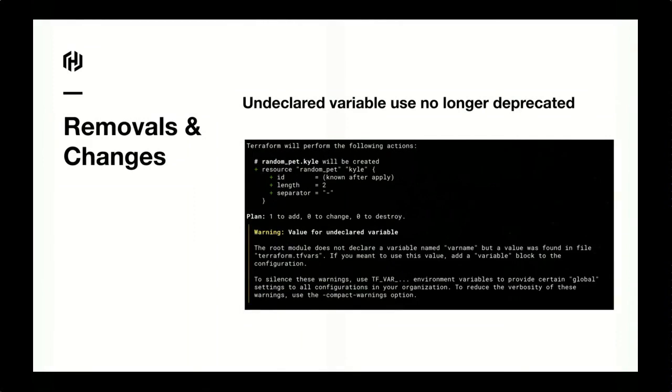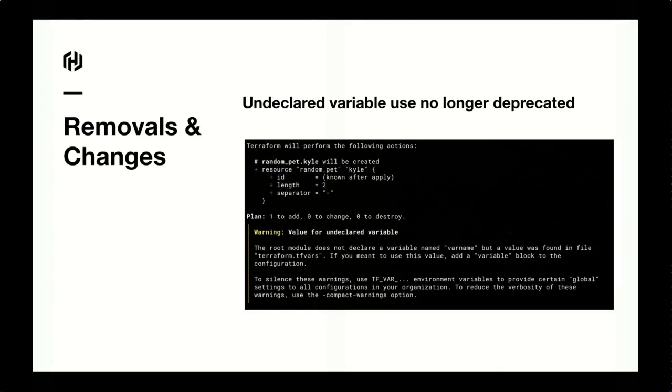You might declare only a subset of those variables in your configuration, but your variable set expands beyond the given configuration. Terraform had been warning you that we would remove this behavior and that you should adopt environment variables instead. And we have decided that that was the wrong approach and that we will support undeclared variable use for the foreseeable future.